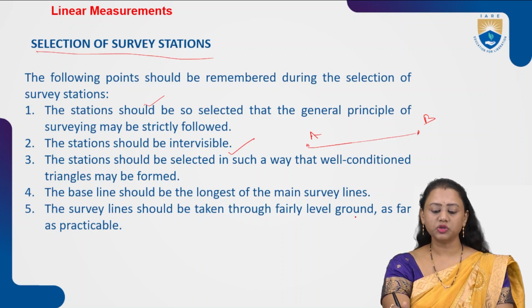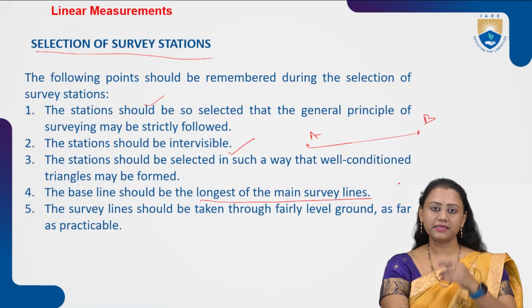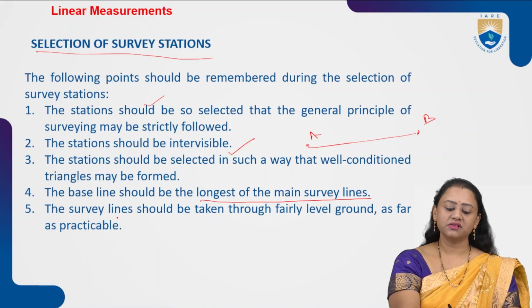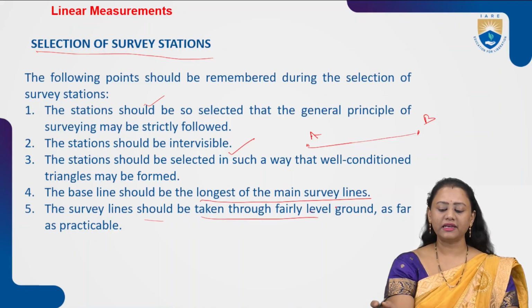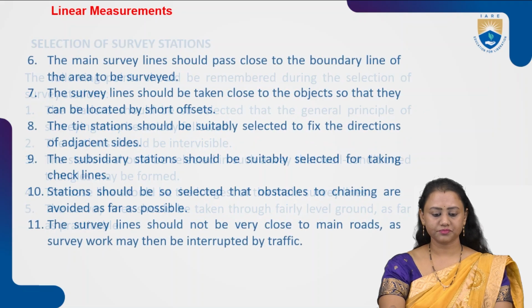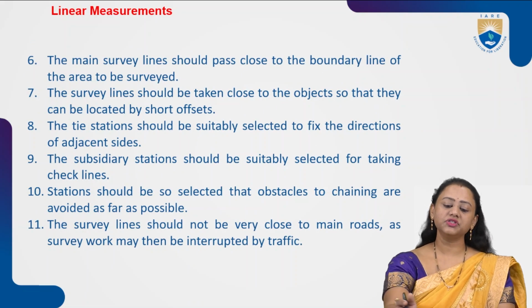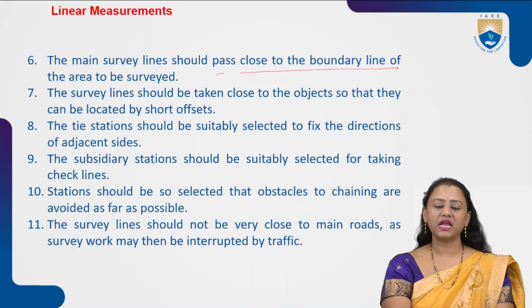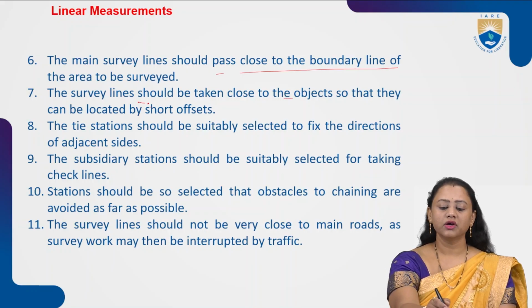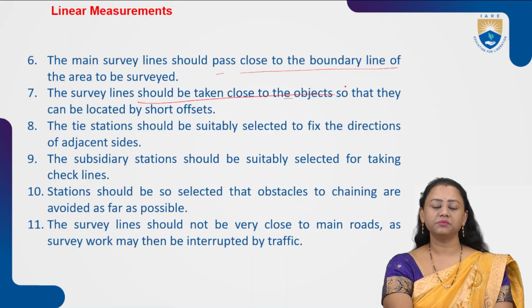The baseline should be the longest of the main survey line. So, the baseline selected should be the longest of the main survey line. The survey lines should be taken through fairly level ground as far as practicable. The main survey lines should pass close to the boundary line of the area to be surveyed and the survey lines should be taken close to the object so that they can be located by short offsets.